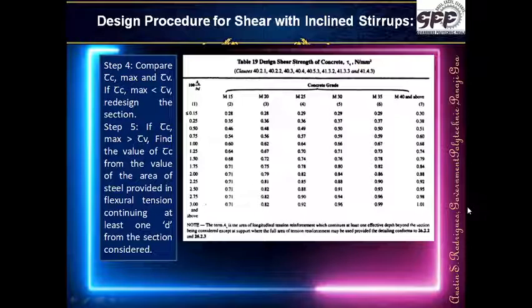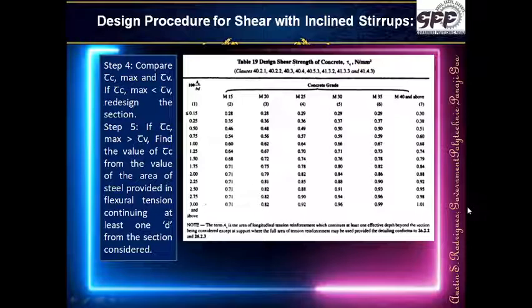If the nominal shear stress coming on the beam is more than the crushing strength, the beam would get crushed because its own shear capacity of concrete is less, then we need to redesign the section, as in the case of the design with vertical stirrups. If tau c max is less than tau V, we need to redesign the section. If in case tau c max is greater than tau V, that means it is safe to continue with the shear design. We continue with the design for shear.